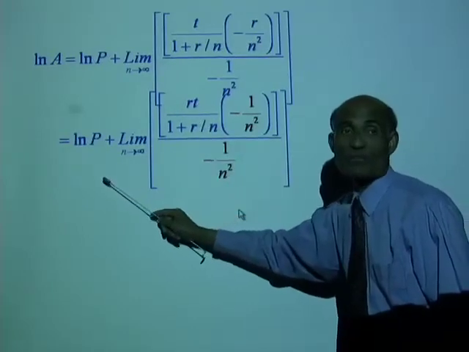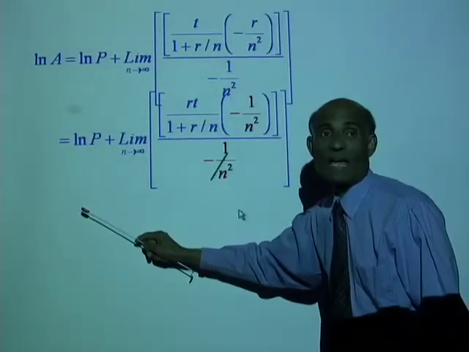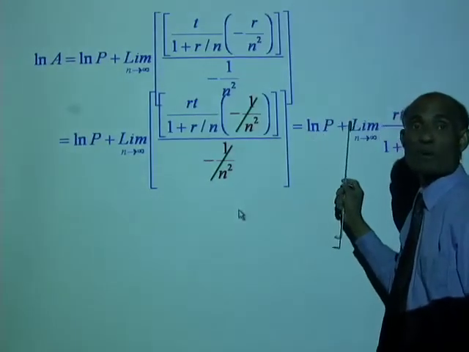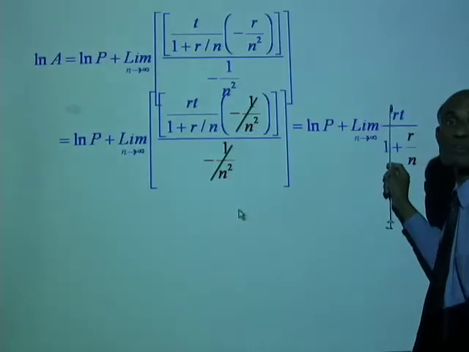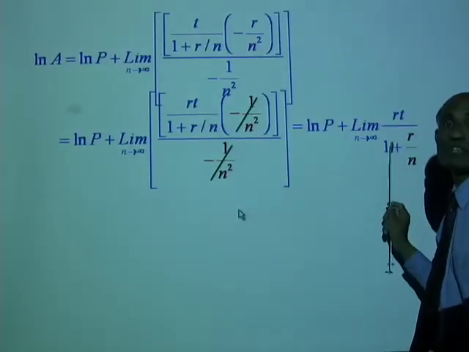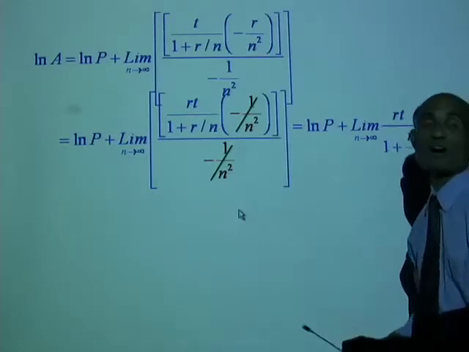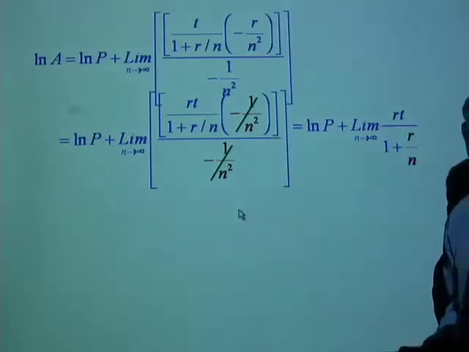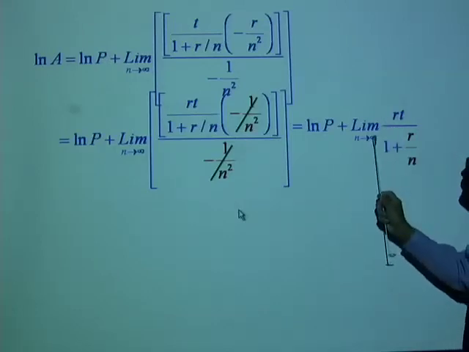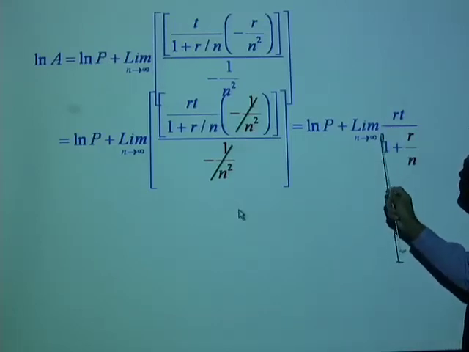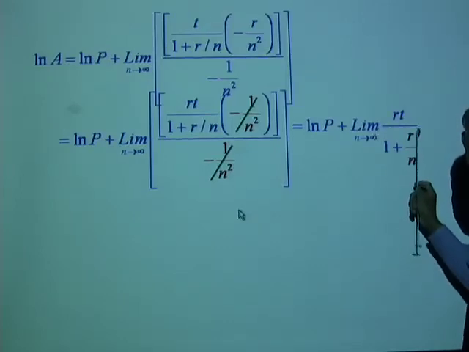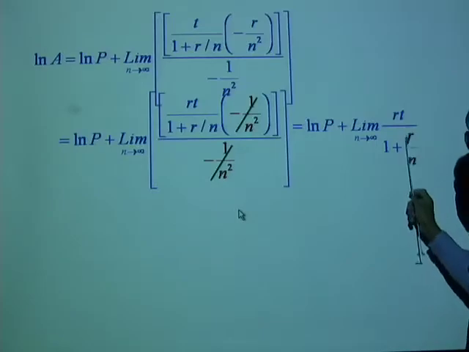So the right hand side of the expression now has ln p. That will be ln p plus the limit as n goes to infinity of this quantity, rt over 1 plus r over n. Okay, what is the value of this limit? Now if you replace n by infinity, what is r over infinity?